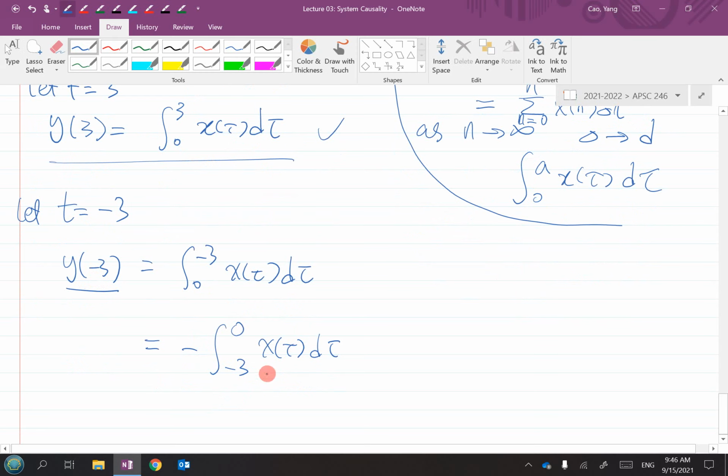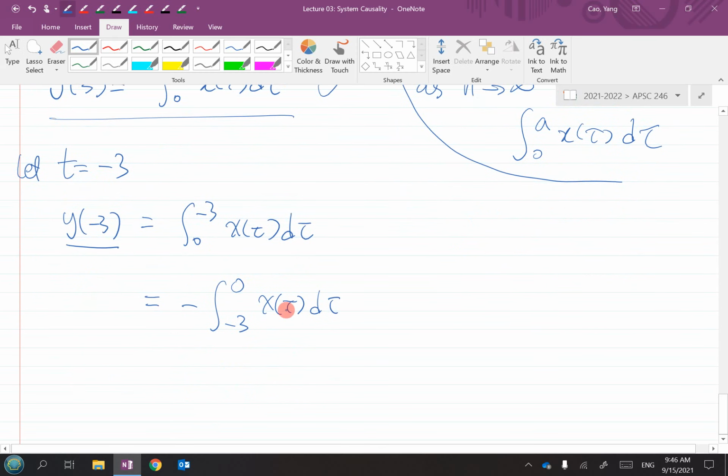Because if I get back to the original approximation concept, the integral limit goes from -3 to 0. So what's involved here for the inputs? It involves x(-3), probably x(-2), probably x(-1) or x(0). So what's involved here is infinite; of course, I'm going to illustrate a few.